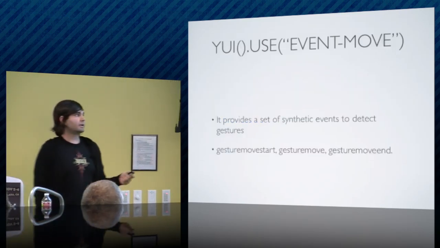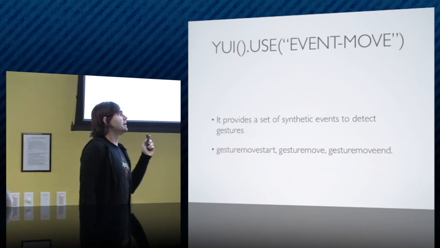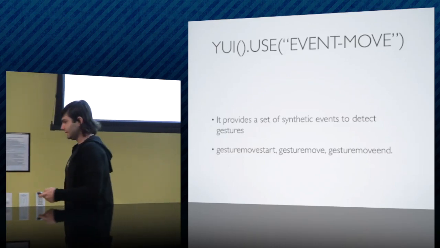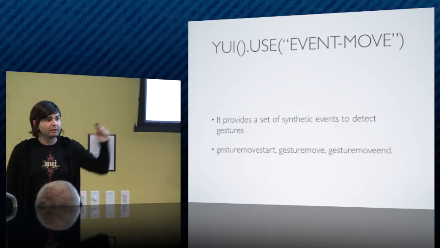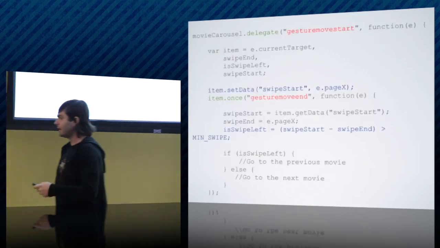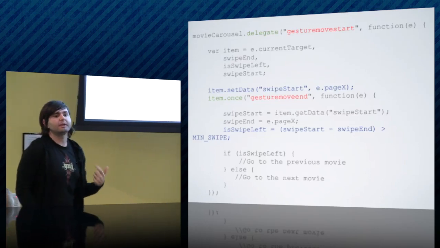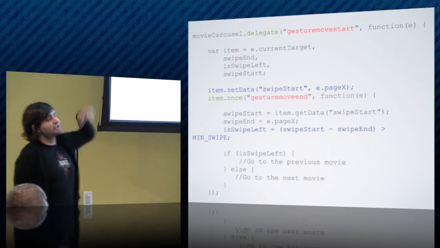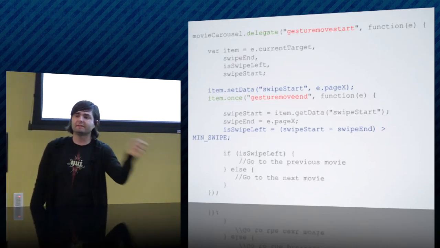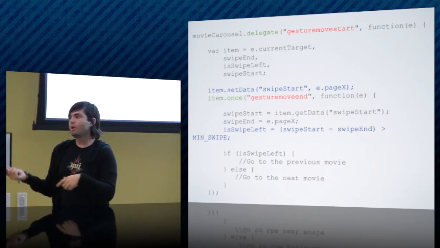Now let's say you also wanted to have a little more control over what was happening behind the scenes of that flick event. In that case, you can use these low-level events that we're providing for you to have fine-tuned control of what's going on. Just a quick example, let's say I wanted to detect which direction the flick is happening, left or right, so I can populate the next movie or the previous movie.